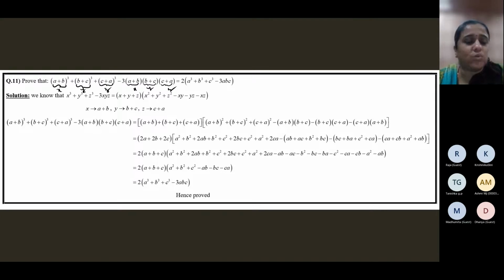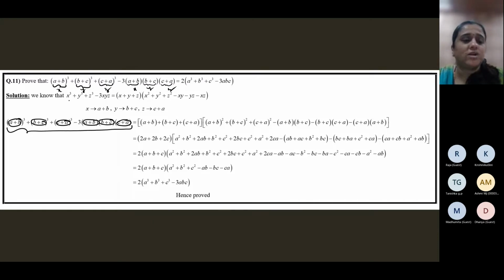So what you see in the left hand side is of the form x cubed plus y cubed plus z cubed minus 3xyz.